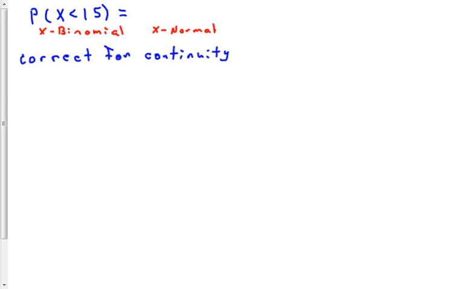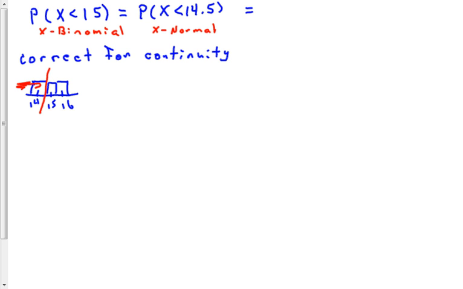So again, with the 15, the less than 15 is 14 and below, halfway between that, 14.5. So x being less than 14.5.